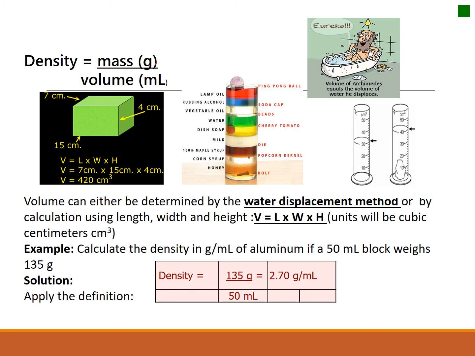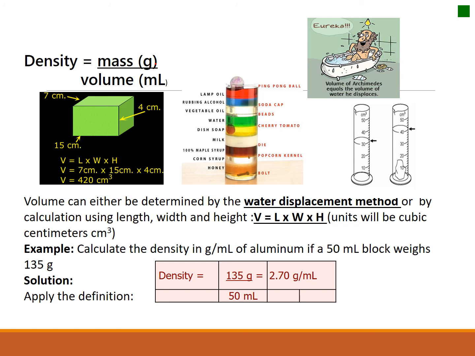As they placed the rock into the graduated cylinder, they noticed that the water rises. In this case, it rose to 40 milliliters. So if you look at the difference of how much water rises, it's 40 minus 30, which gives you a difference of 10. So the rock has a volume of 10 milliliters. And those are the two methods for finding the volume of objects.